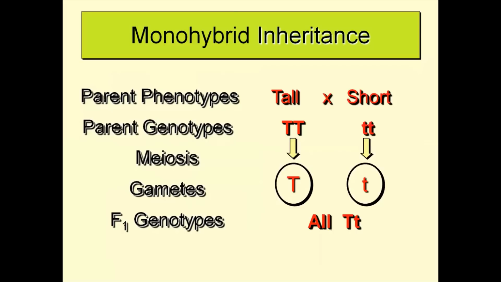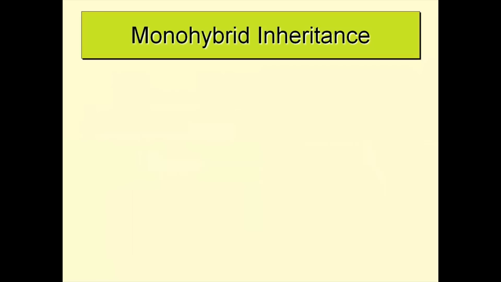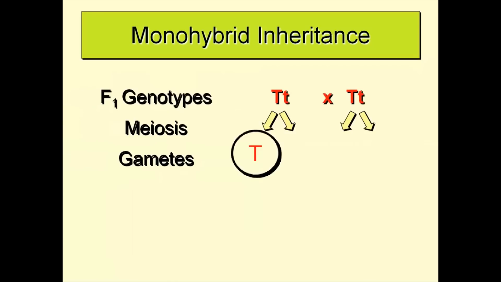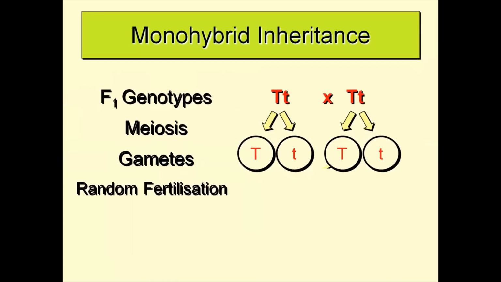But because capital T is dominant, tallness characteristic is expressed. Self-pollination of the F1 generation led to a 3:1 ratio of tall to short phenotypically.